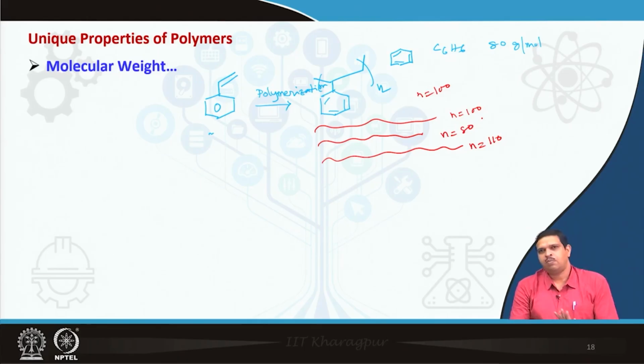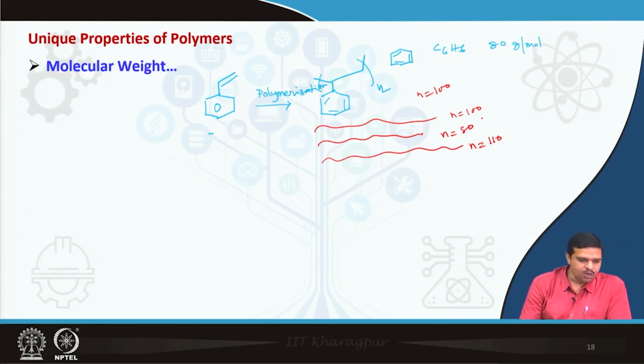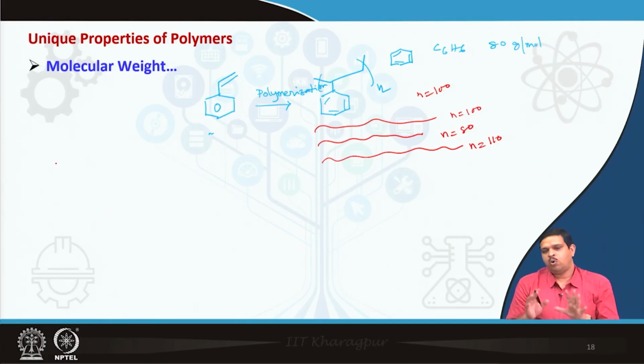Generally three kinds of molecular weight are quite popular to define the polymeric chain length: one is Mn, one is Mw, and one is Mz, and among these two are very popular. For our future discussion, if you have an idea about Mn and Mw, that will be good enough.